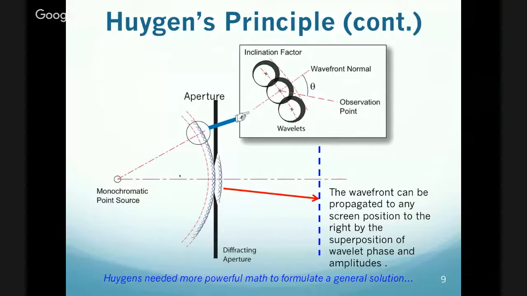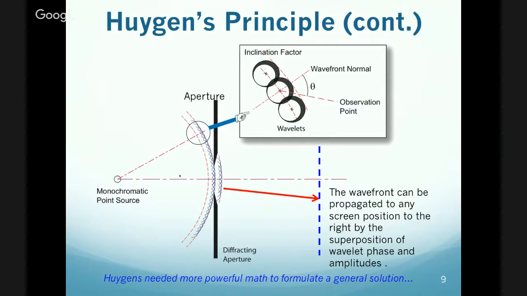And up in that little inset, you can see the whole idea is that you start with one wave, and at each point on that one wave, a new spherical wave propagates out. And if we add up an infinite number of those, we can generate a new wave. And by using that inclination factor, adding them all up, integrating them to any direction, we can propagate that wave to any different position on the right.